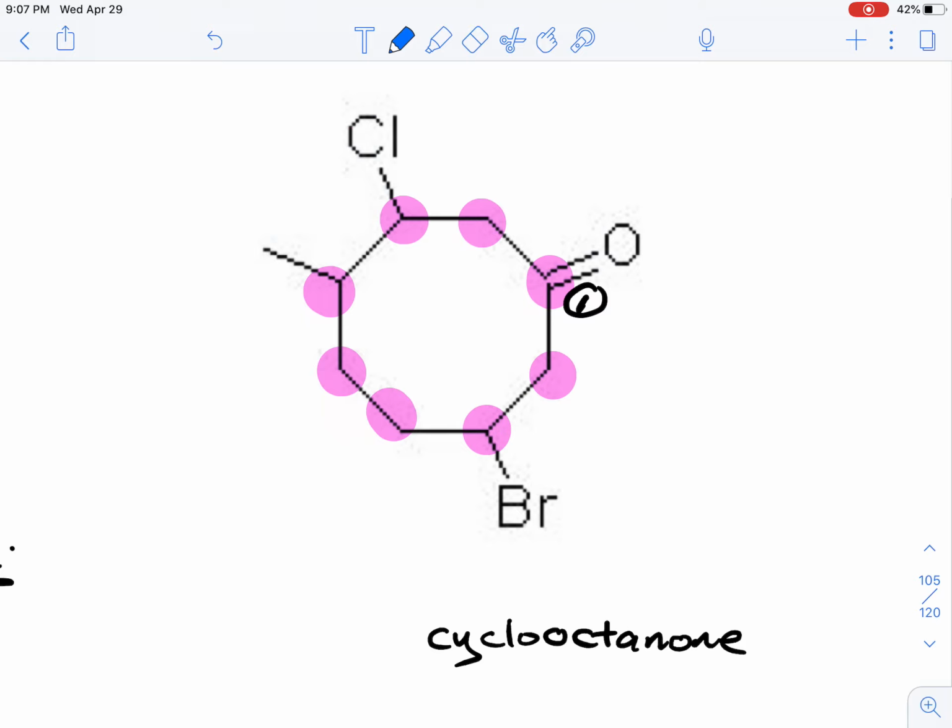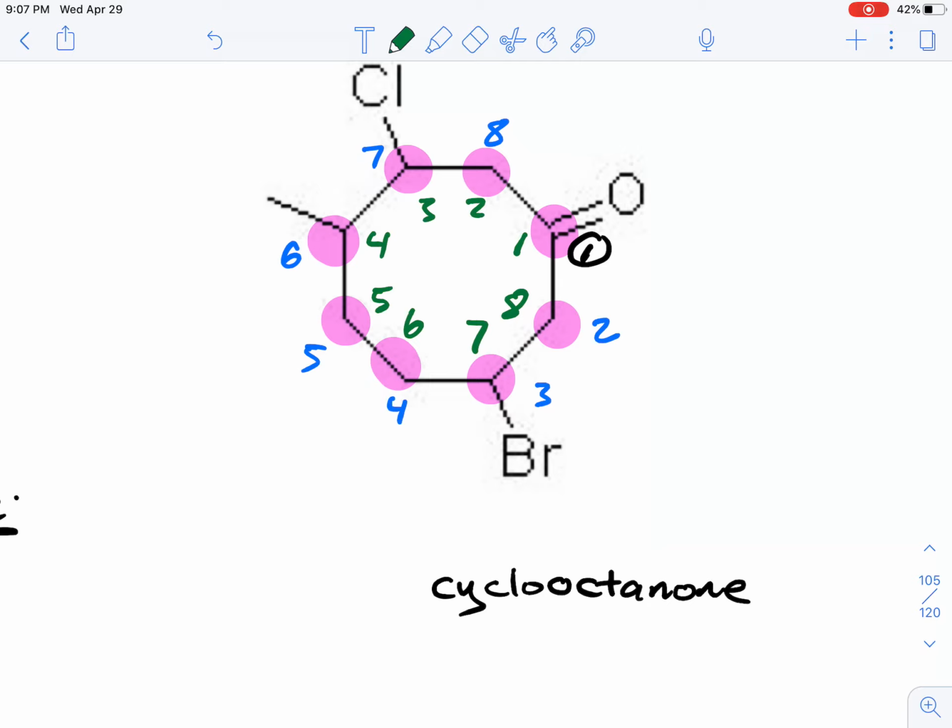So if I do this clockwise, I have 1, 2, 3, 4, 5, 6, 7, 8. Do this in green. I'm going to go counterclockwise. 1, 2, 3, 4, 5, 6, 7, 8.